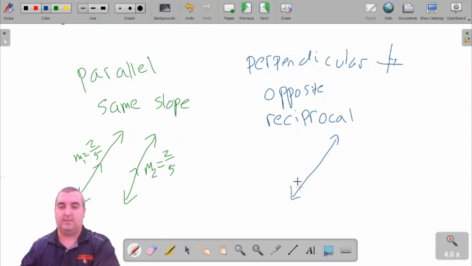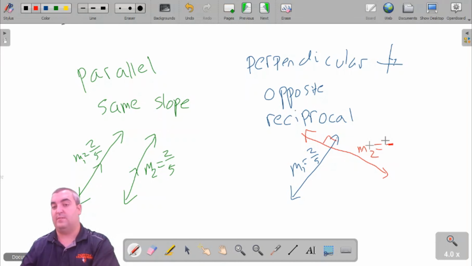So let's deal with the same slope here. Let's say this is, once again, m1 equals 2/5. And then we have another line. Either we're told it's perpendicular, they give us the right angle symbol, or they can just say, oh, the slope of the second line is going to be the opposite, so it'd be negative instead of positive.